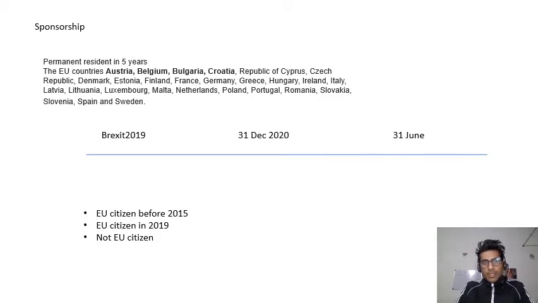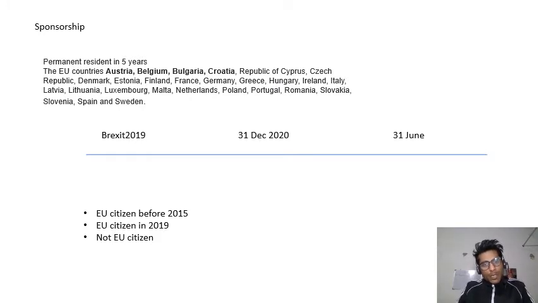Okay, so what will happen with a European Union citizen who was in the UK in 2015? Till December 2020 he had already spent 5 years, so he will get permanent residence, also called settled status.